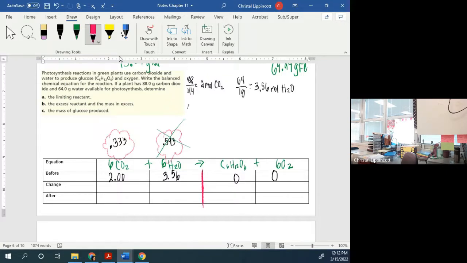You get your 3 here. Multiply that by 6 to get this number. Same as this, because you divide it by 6 to get here. So if you multiply by 6, you're going to get the same number.